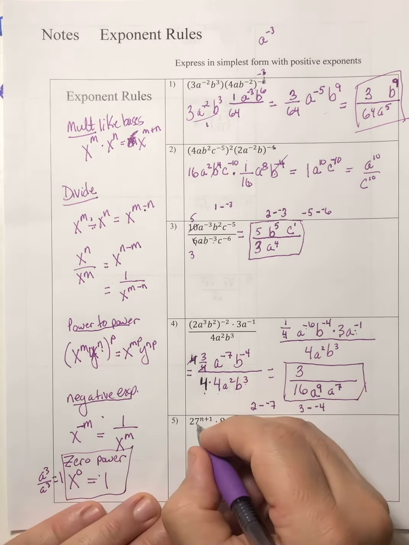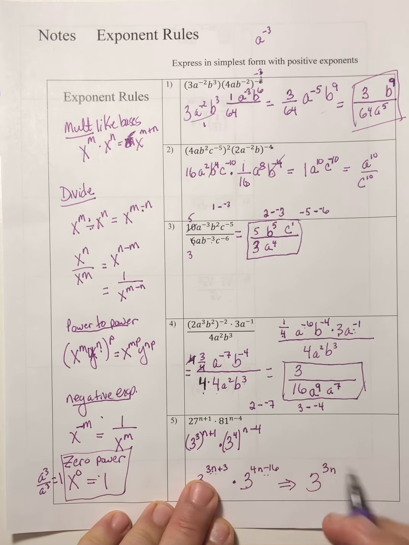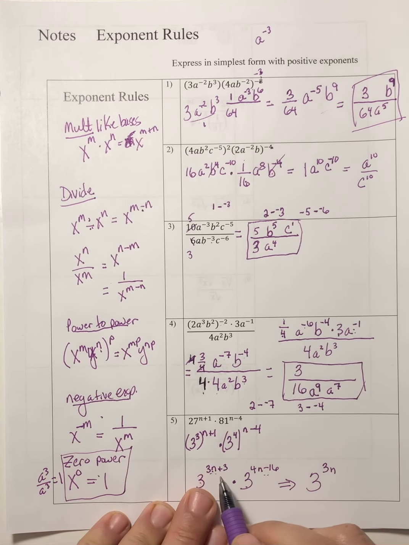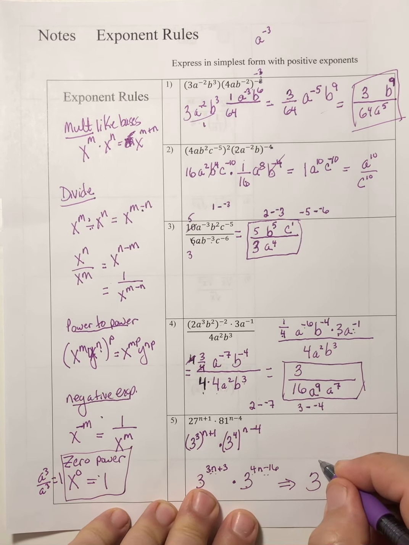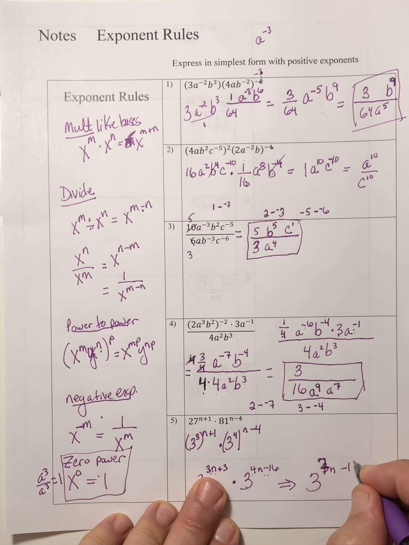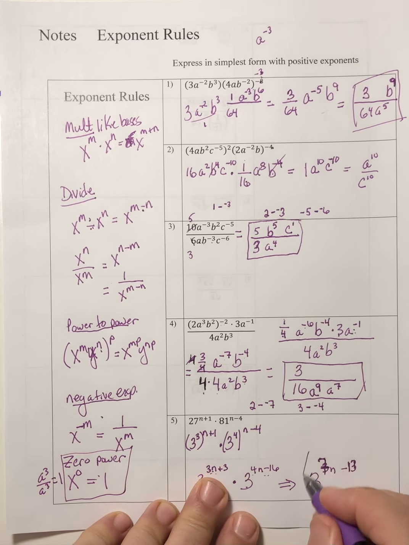That's right, we add. 3n, oh, I'm sorry, 3n. I'm not going to show all the work, I'm just going to do it. 3n and 4n is a 7n. And then I'm adding 3 minus 16 is a negative 13. There we go. We just did the problem.